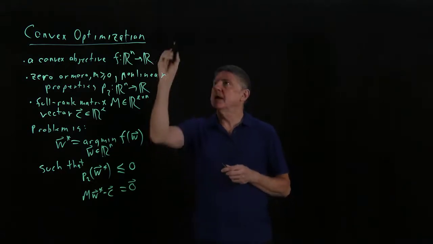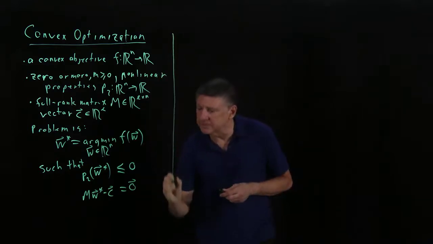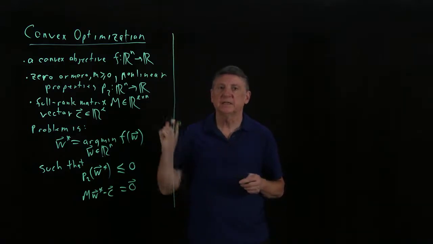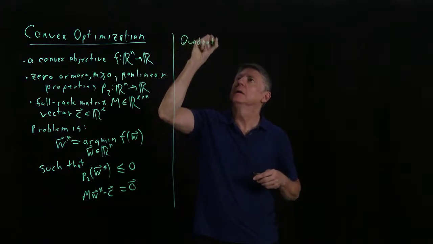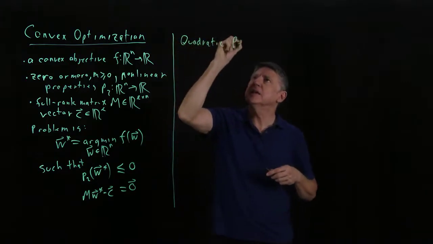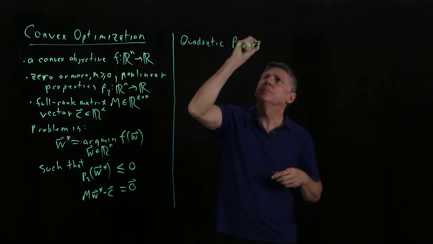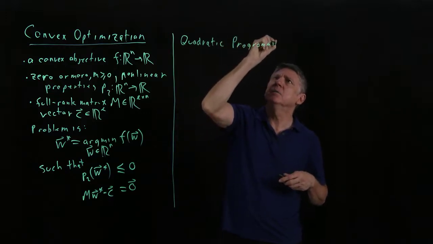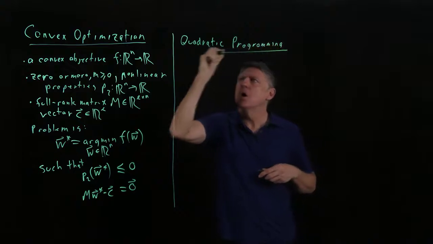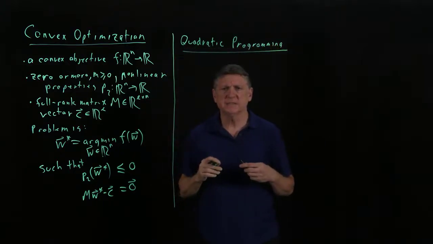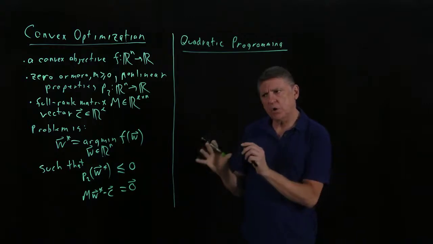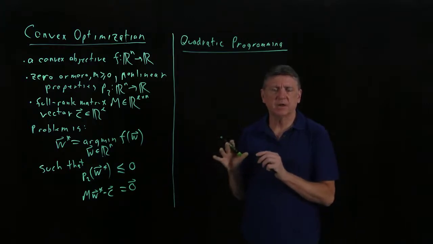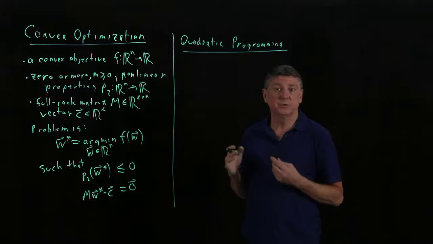So a particular one that is of interest in this course is quadratic programming. And this is a slightly odd term. As an aside, while I'm writing this down, optimization often has its own distinct literature, and it's an odd little piece of mathematics because it often has its own language to it.